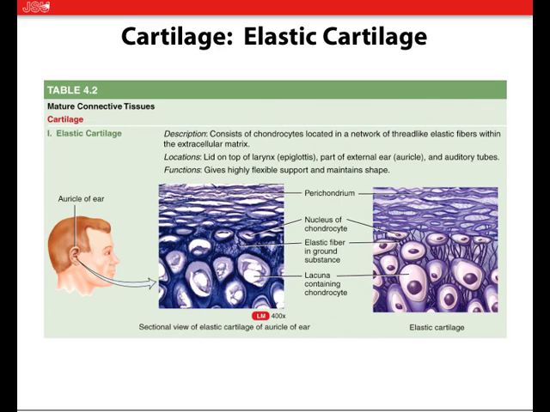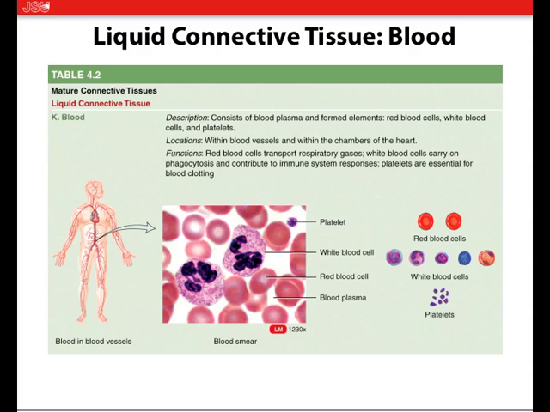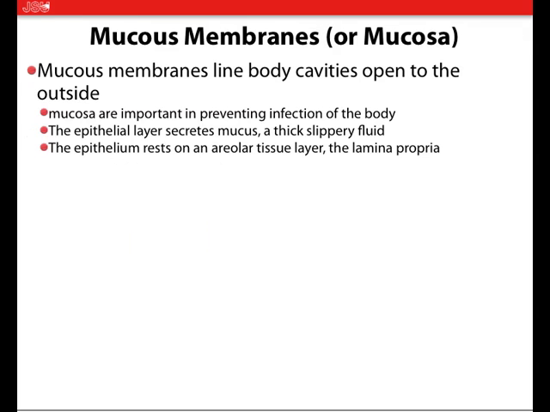Calcifies, you get bone. Also know bone is a connective tissue. We talked about bone. We're just going to say it's connective tissue here. Liquid connective tissue, blood. Blood is a liquid connective tissue. The matrix is plasma, but blood is defined as a connective tissue.